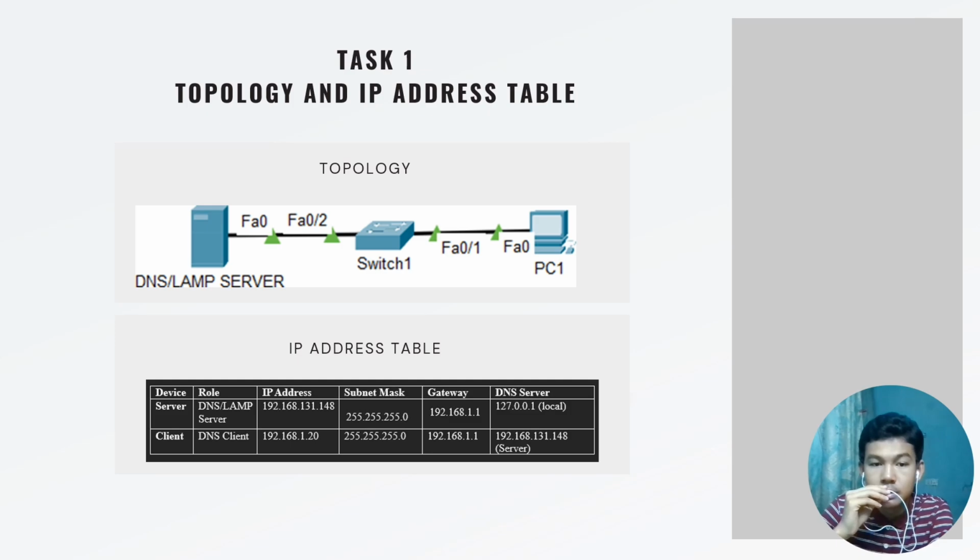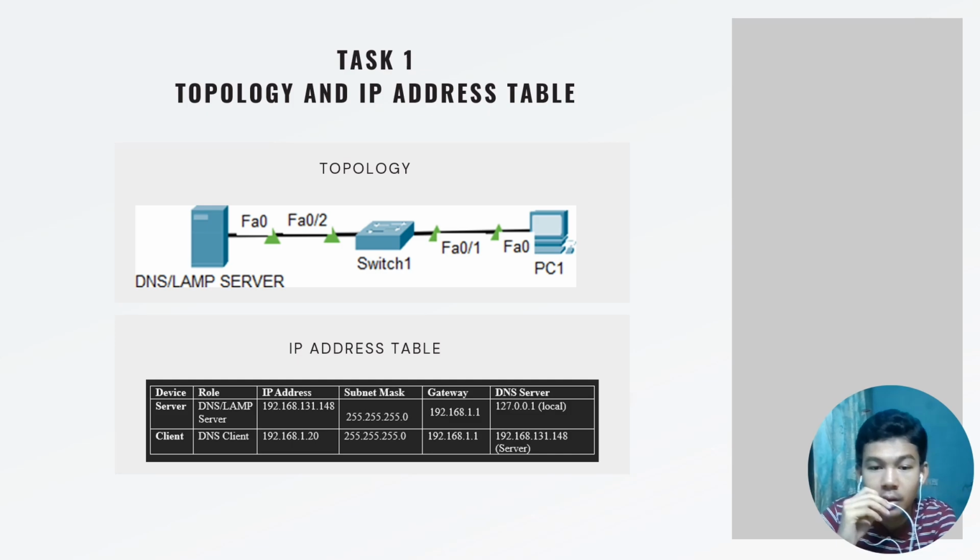The DNS and LAMP have the same device. Lokman's server IP address is 192.168.131.148.